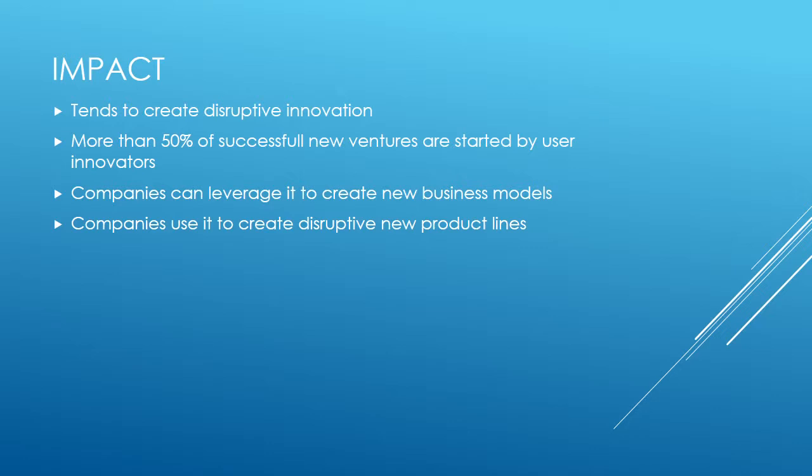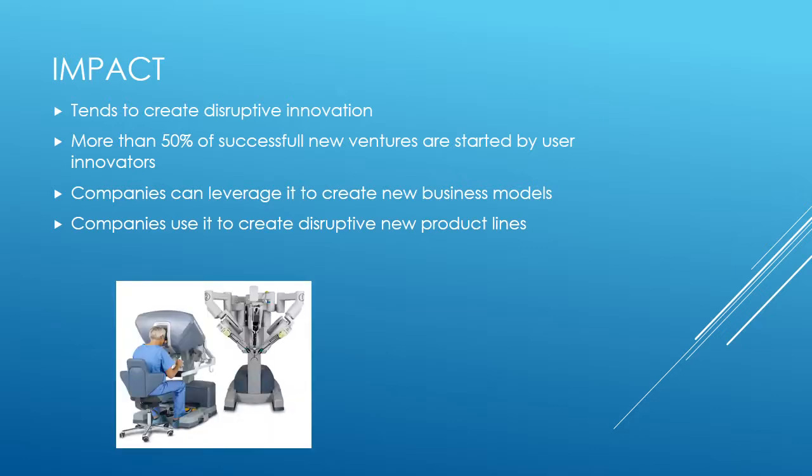And also user innovation is in no way only limited to low-tech products, but also very much to the high-tech sector. So for example, the robotics we nowadays use in brain surgery were not developed by some robotics company, but were developed mostly by the doctors who do brain surgery themselves, so the users in this case.